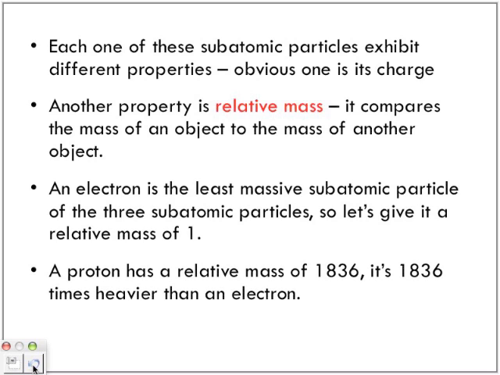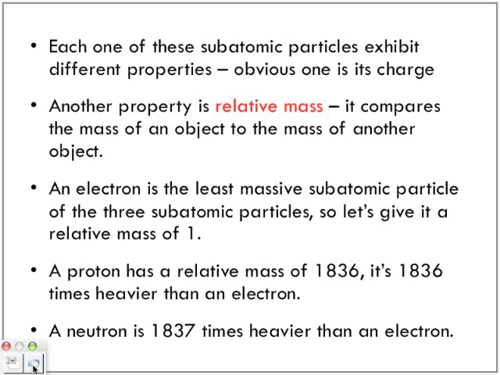A proton has a relative mass of 1836, so it's 1,836 times heavier than an electron. A neutron is a little bit heavier, but not much. The neutron is 1,837 times heavier than an electron. So we're looking at 1836 to 1 in terms of mass, and 1837 to 1.